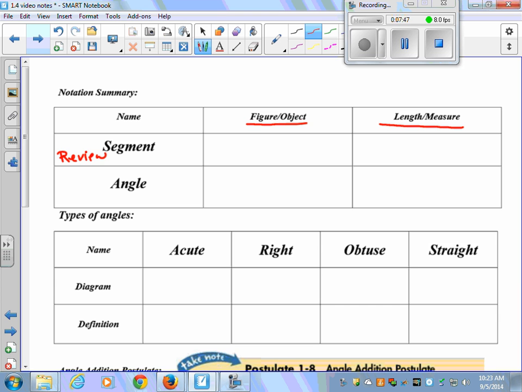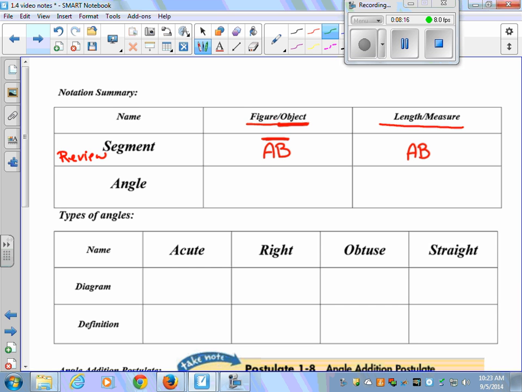If we're actually talking about the geometric object itself, the segment, we would call it, and we would write it, segment AB with this little line over it. If we were talking about the length of that segment, remember we are going to write this with no segment symbol over it. This means the length of AB.